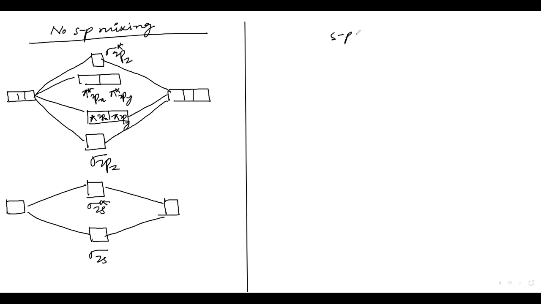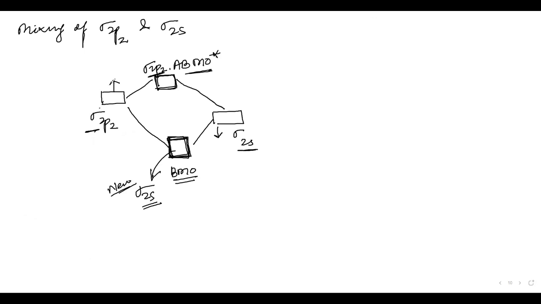Now SP mixing. With SP mixing, what will happen? Wait a second, I have to move this thing here and select this, move it a bit up. Now everything will be the same, but sigma 2pz will move upward.